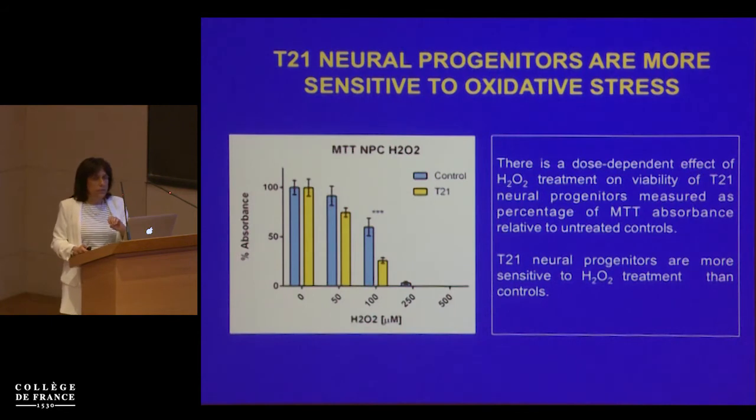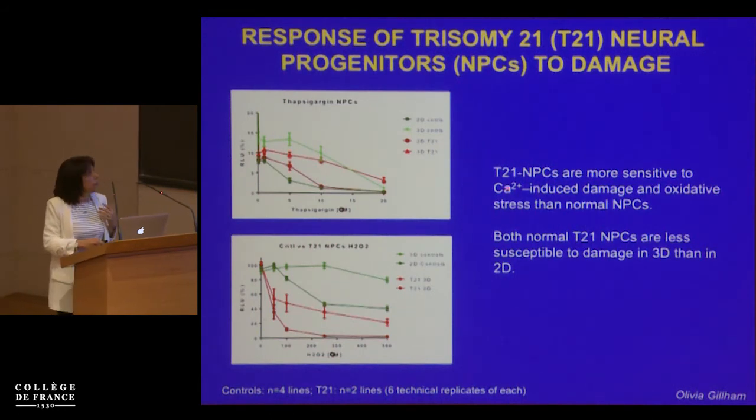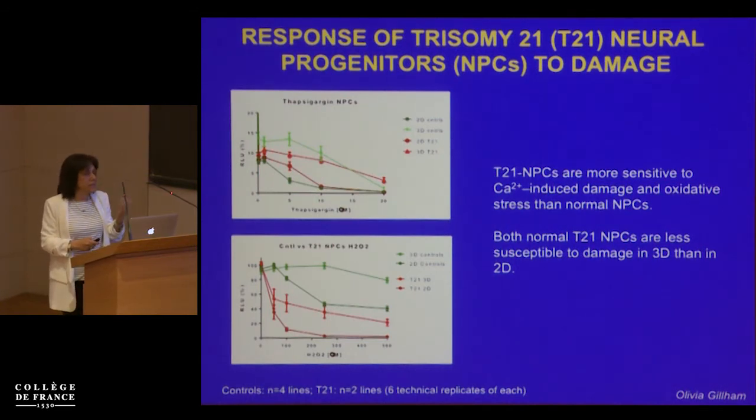So there is an increased sensitivity to stress, and these cells are defective. We moved that to our 3D system, and we compared 2D and 3D again, and we get very much the same results. So the trisomic cells are more sensitive, both in 2D and 3D, but in both cases, the 3D is more protective. And that is true both for the H2O2 and the thapsigargin.